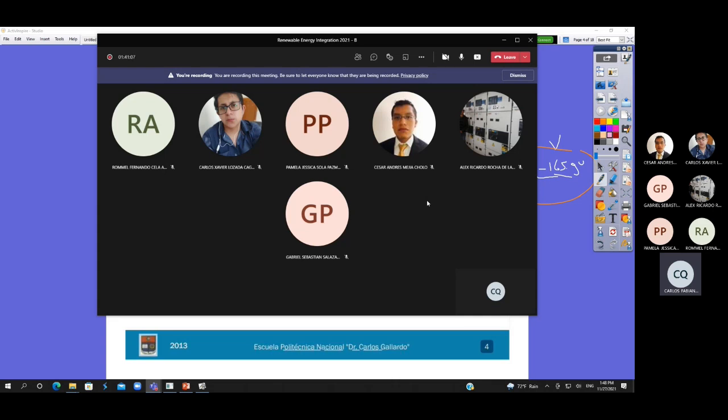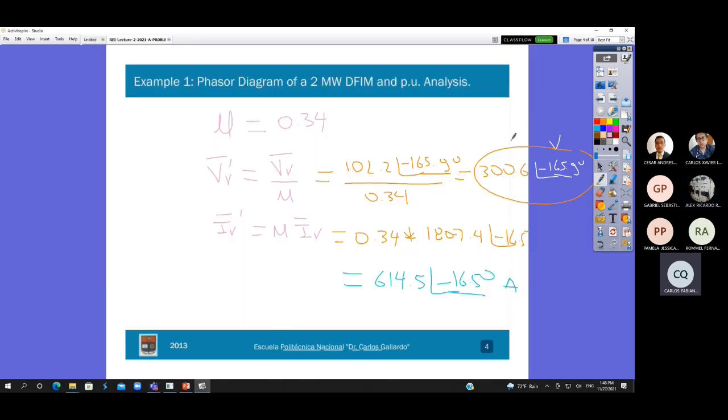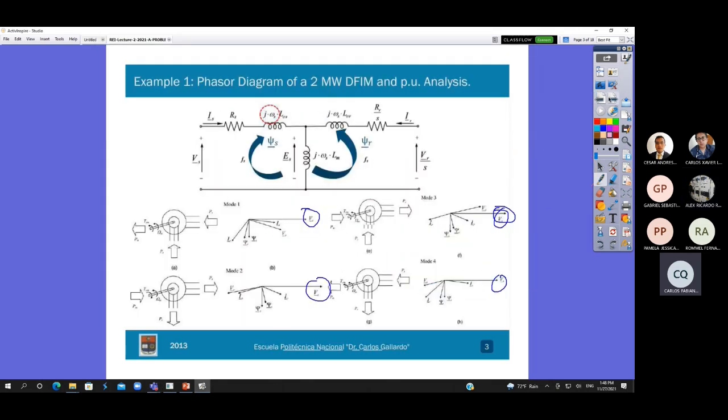Therefore, what is the frequency of operation? Is that clear? The question, Mr. Rocha, how to compute the frequency of operation? Okay, doctor. Is it the same, 50 hertz? Pay attention to this part.